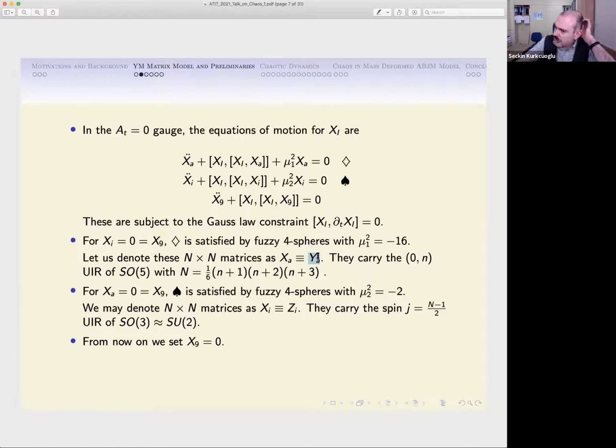If you consider a four sphere, let's start with a two sphere. The isometric group of a two sphere is SO3, right? Because you can rotate the sphere. So the isometric group is the group of rotations SO3. But if you want to consider spinors and so on, you will consider its double cover, which is SU2. If you now increase the dimension of the sphere, you can go to higher dimensional spheres.